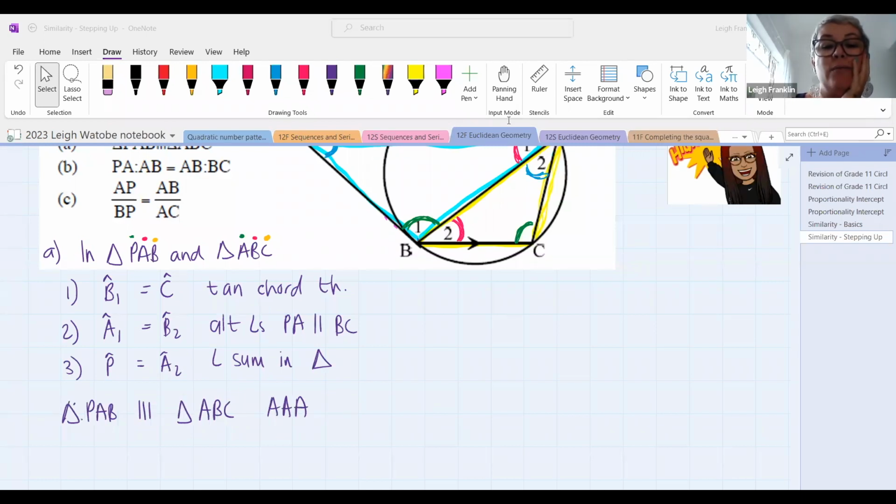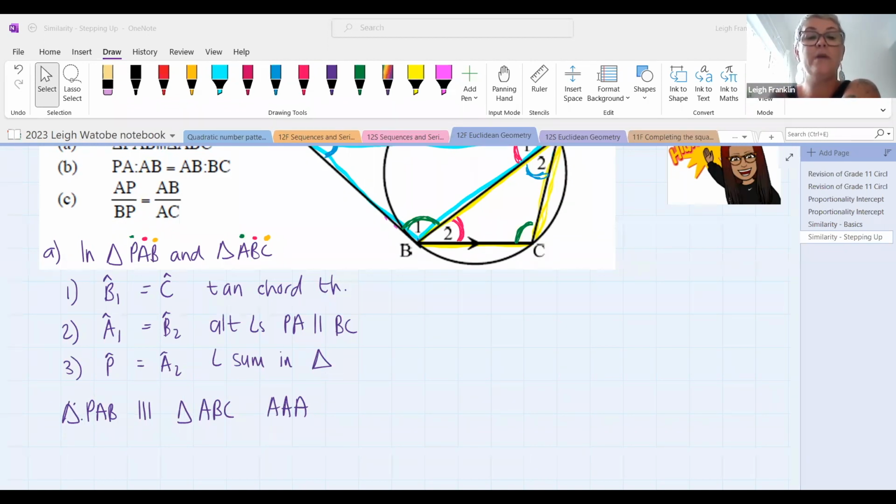Good, Cornelia. Well done, praise. Can anybody unmute and tell me so that I can answer question B? What's the next step after proving similarity? Okay, so Teddy, you're onto the right idea.